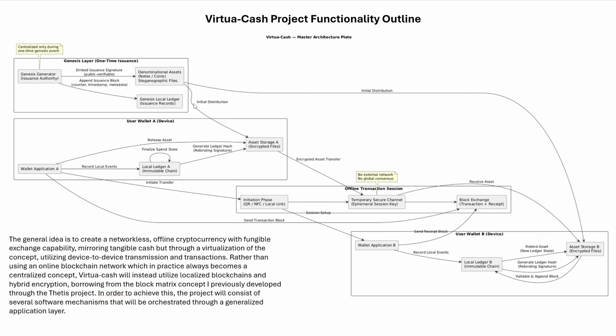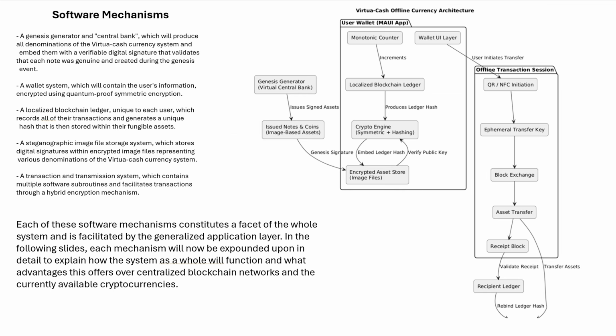Next, we have the device layer, or the wallet layer, which is on each individual device, which contains its own blockchain and its own encrypted assets. There's a transport layer, which is an offline transaction session that happens between devices. So essentially, it's 3 layers deep with 2 different applications in the ecosystem. We will go into more about each one of these software mechanisms and how they interact with each other in a second. So on to the second slide here.